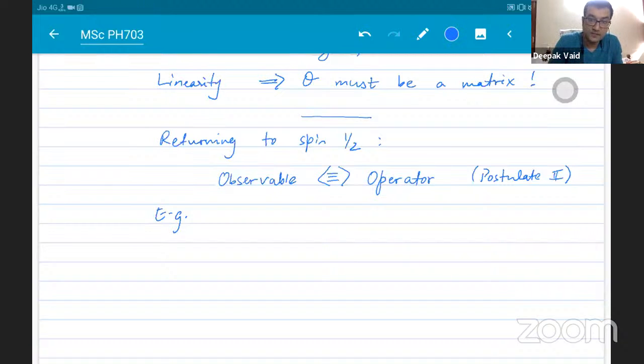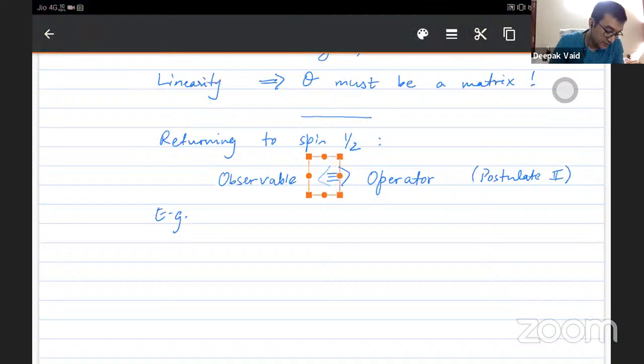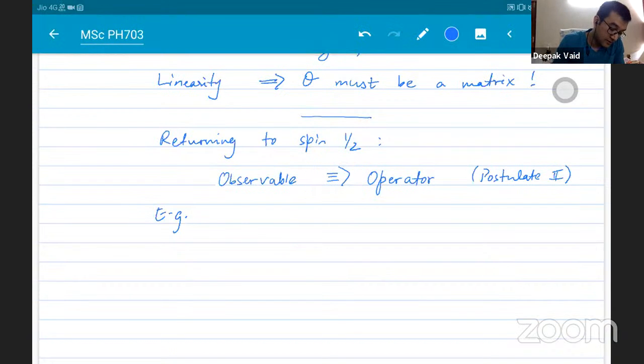So as an example of an observable or an operator, let me consider something called sigma z. Sigma z is a matrix which has these components.